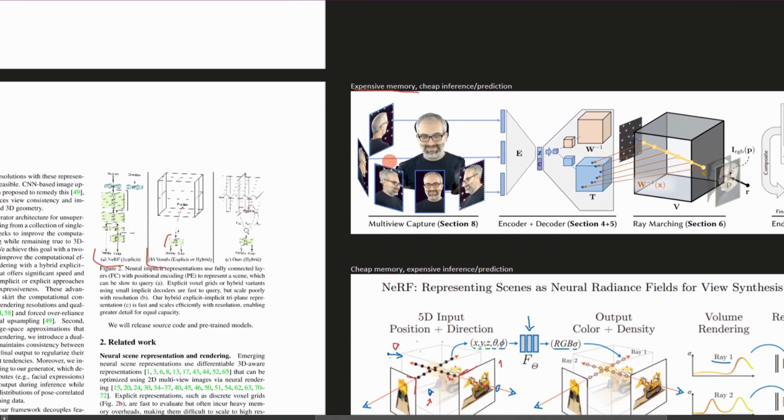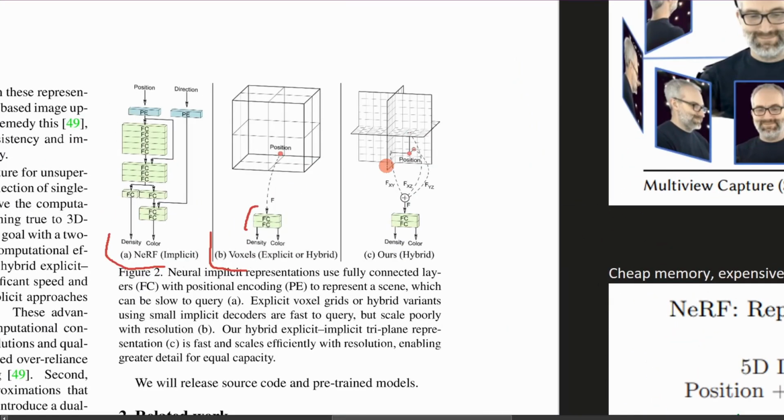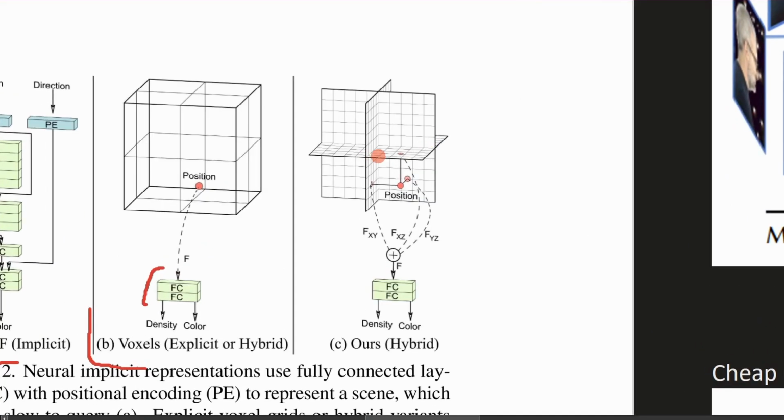Okay, so now that we know the trade-offs, let's see what the actual paper brought to the table. We can see here what they did. Instead of storing every single RGB and volume density in the scene, they just have these 3 planes.